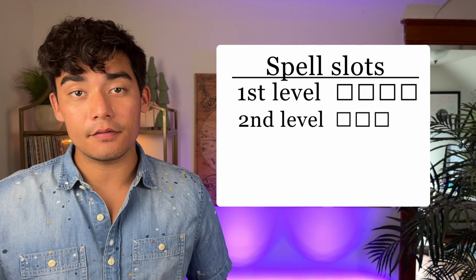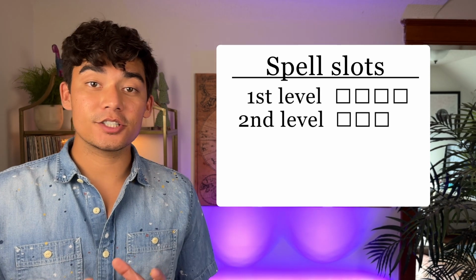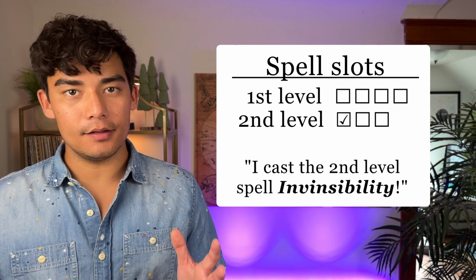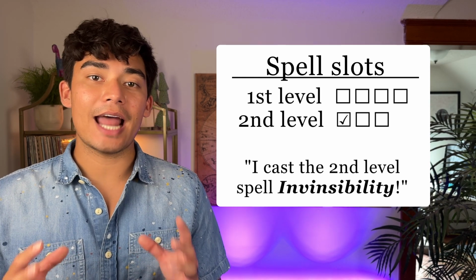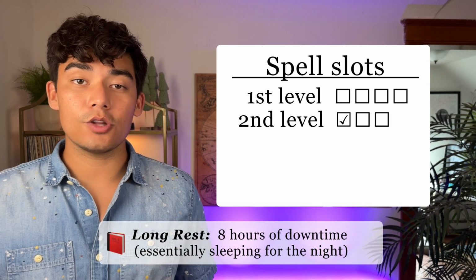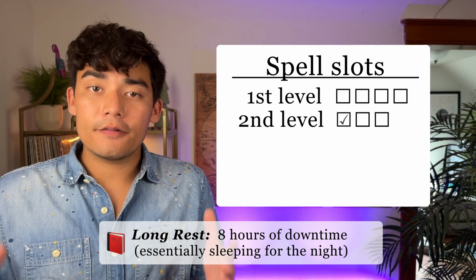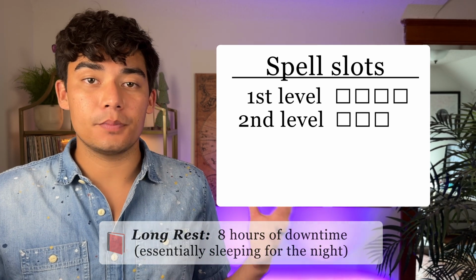Here is an example. A character has 4 first level spell slots and 3 second level spell slots. The character casts a second level spell. After they cast the spell, the character now only has 2 second level spell slots available. The character takes a long rest, which is basically going to bed for the night, which refreshes all of their spell slots.